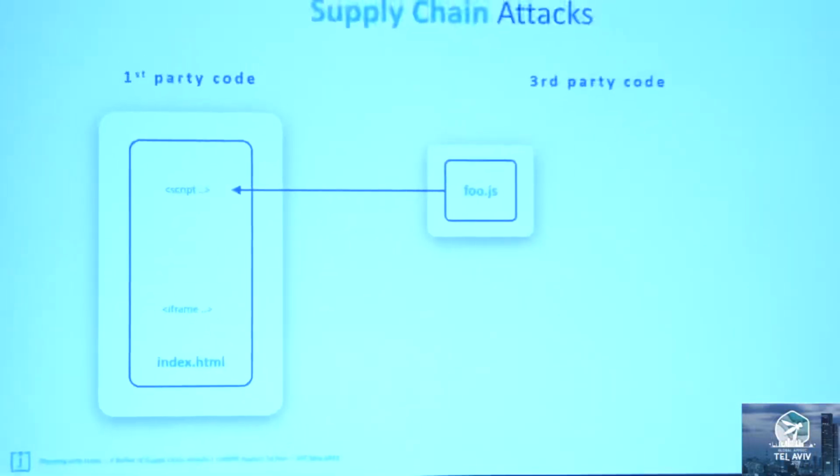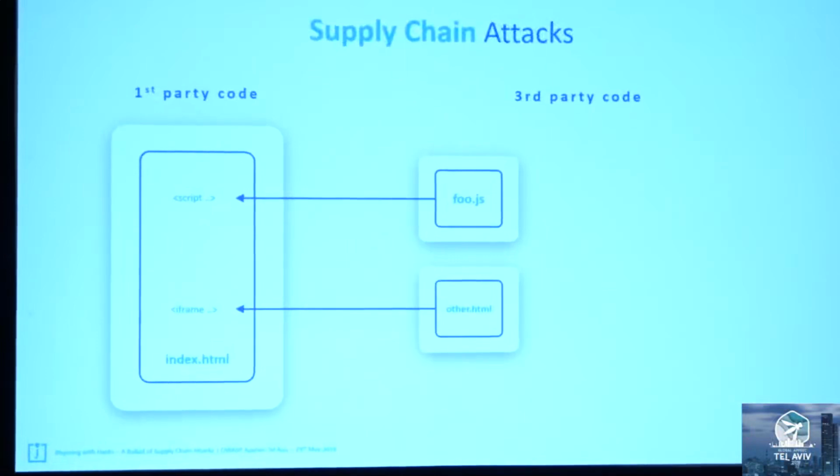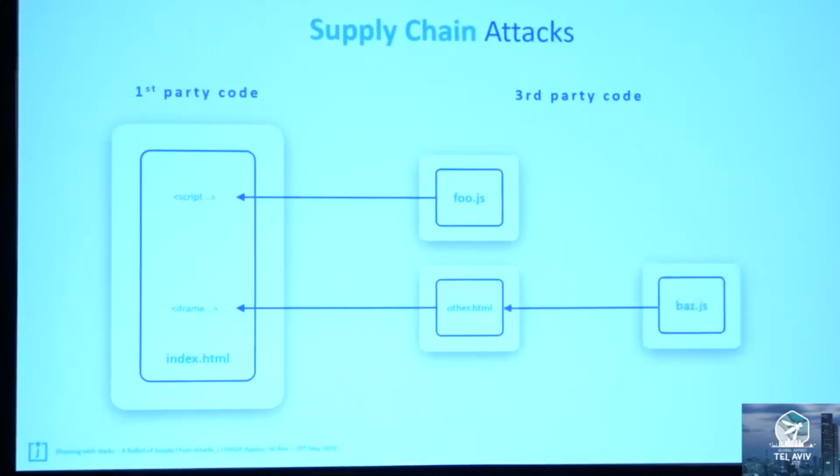So how does it work? You have your first-party code. You might have some scripts included in there, and those scripts are loaded from third-party vendors directly. You can have an iframe. You can load HTML, and from that HTML, you can load additional code.